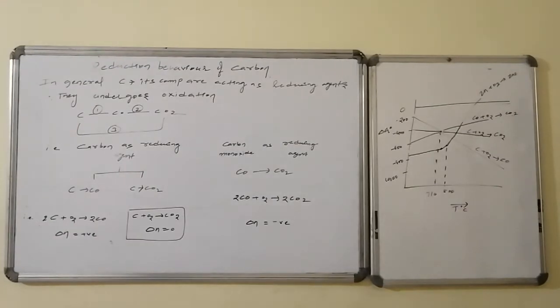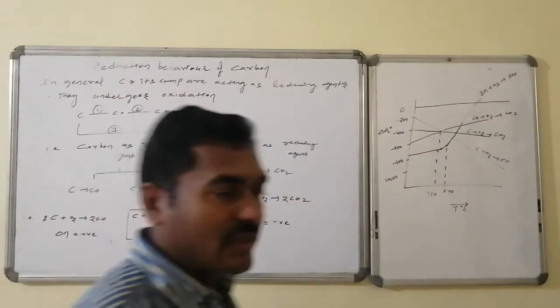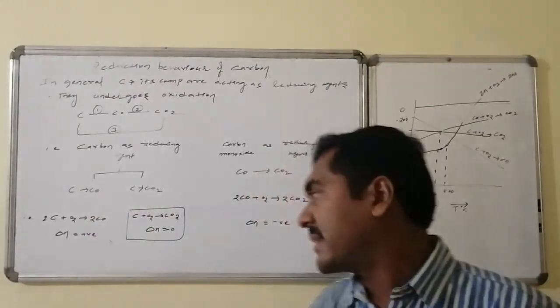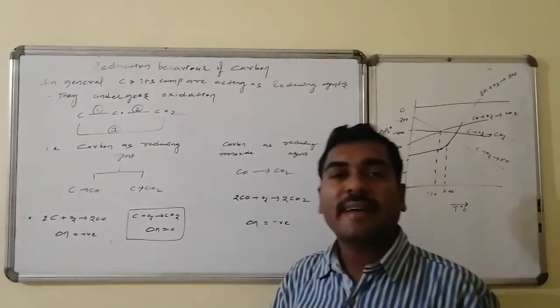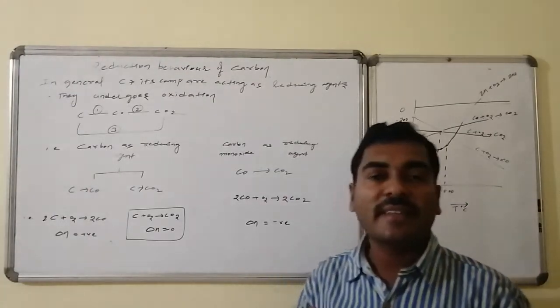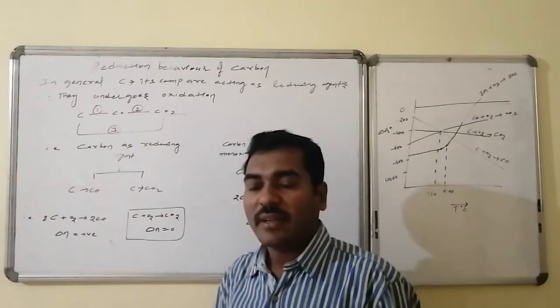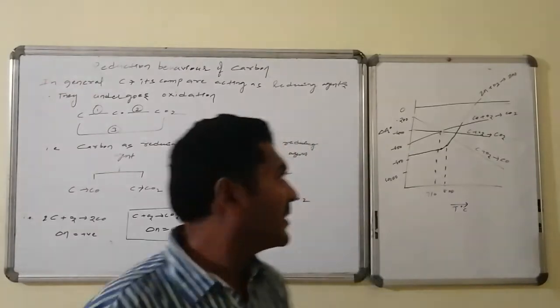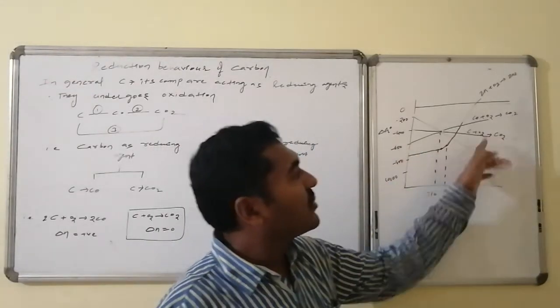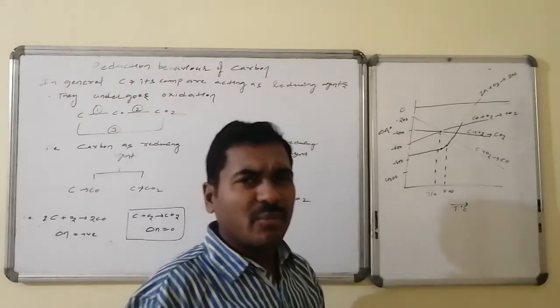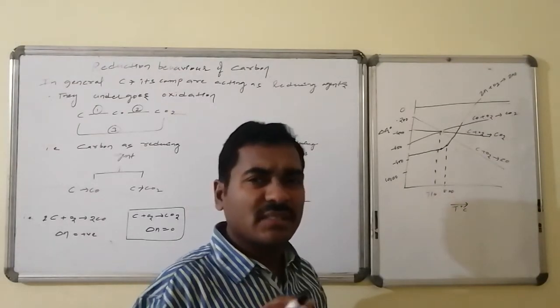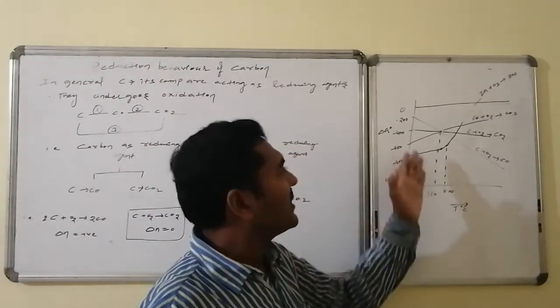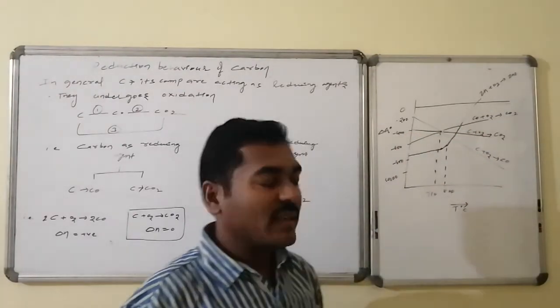From these entropy informations, one thing is clear. In the case of carbon dioxide, entropy is not the deciding factor, only enthalpy is. Enthalpy depends on temperature only to a small extent. Hence, for carbon to carbon dioxide formation, almost a straight line without much slope is generally obtained.